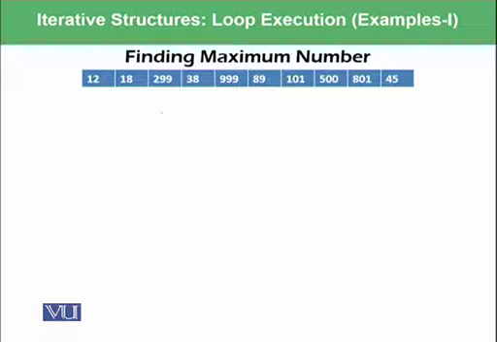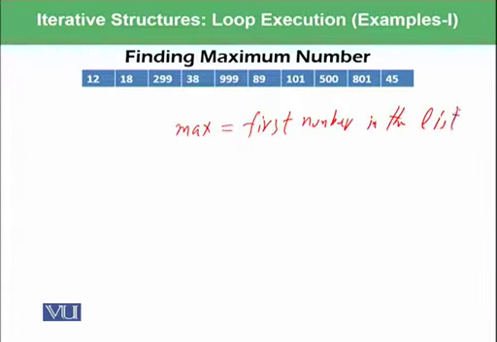So the first procedure could be, as our minds did, that we have a maximum number max, and we assign the first number in the list to the max value.